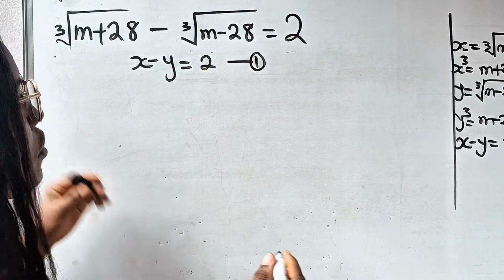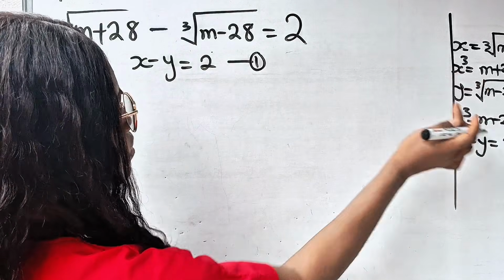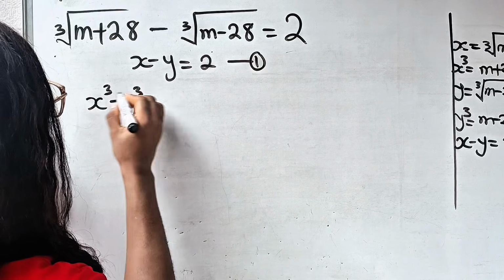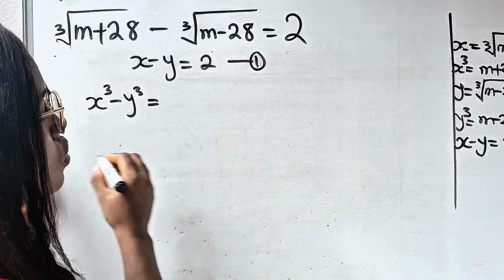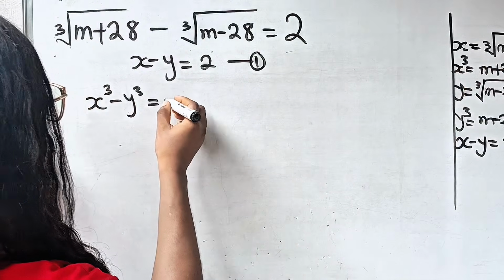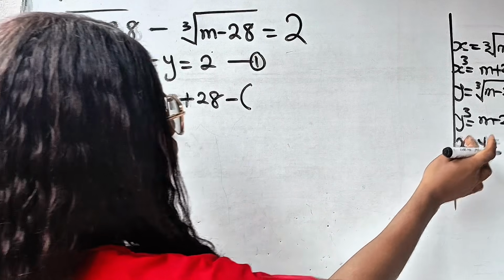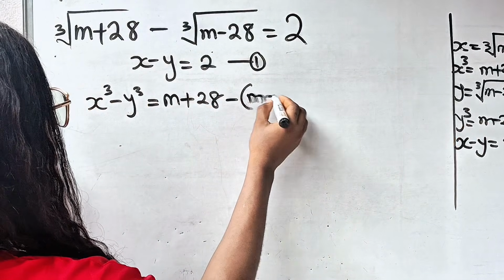Okay. Now if we bring in our x to the power of 3 and y to the power of 3, x to the power of 3 minus y to the power of 3 should be equal to x to the power of 3 is m plus 28 minus y to the power of 3 is m minus 28.